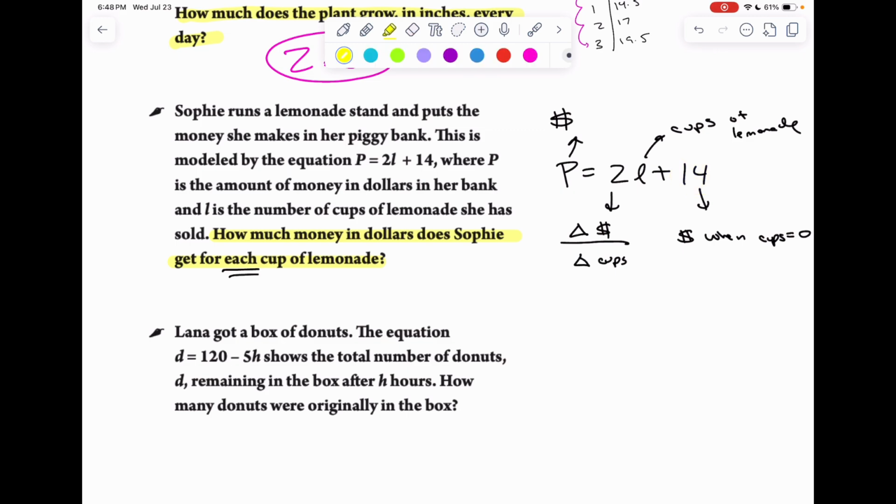We want how much we add to our baseline every time we increase our number of cups of lemonade by 1. So again, the number of cups of lemonade is tied to the 2. As I increase the cups, it'll affect our equation by 2. So every time we increase our cups by 1, we're increasing our money by 2. So our slope is what they're asking us for here, and the answer is 2.